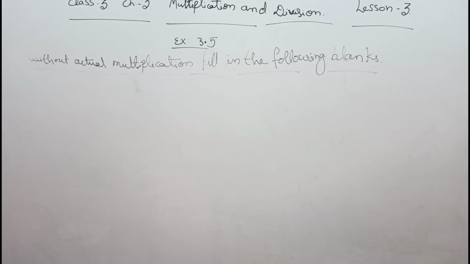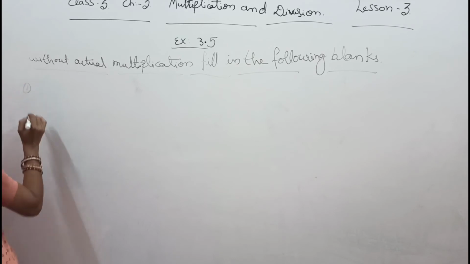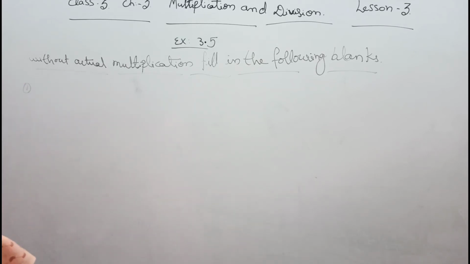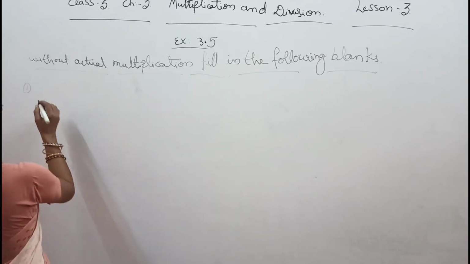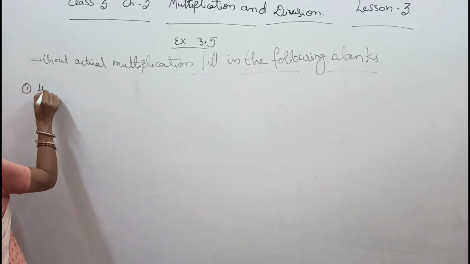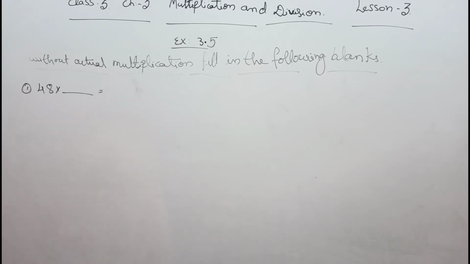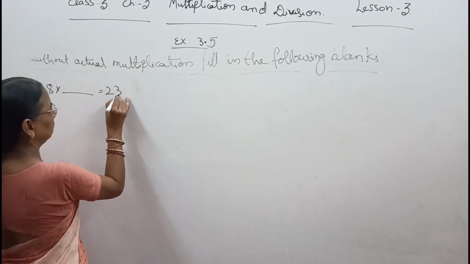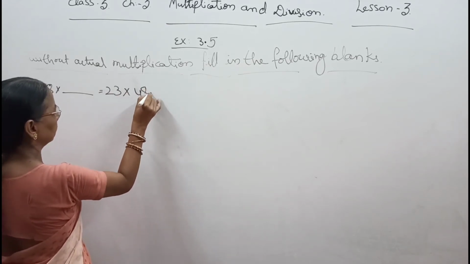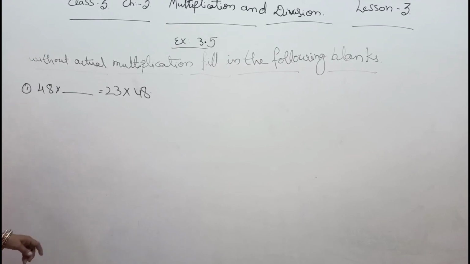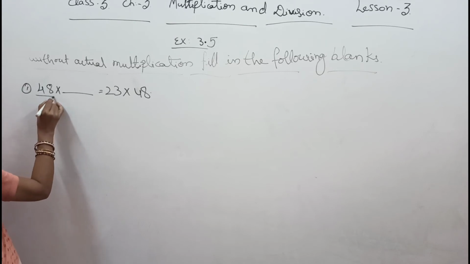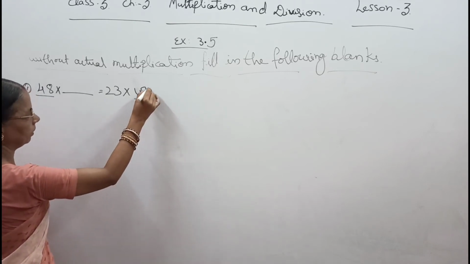First question is 48 into dash equals 23 into 48. अब हमें यहाँ देखना है, here we have to see that here it is given 48, here we have 48.